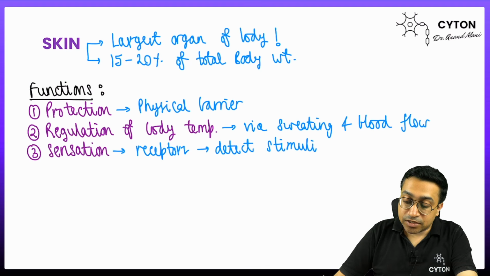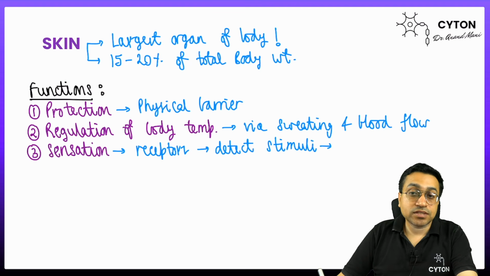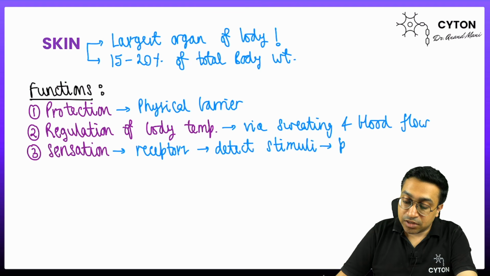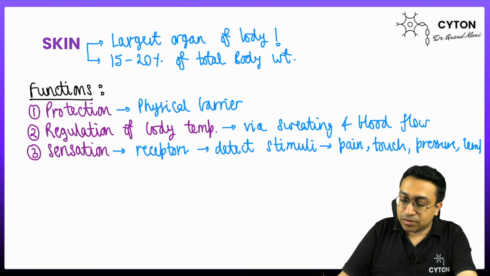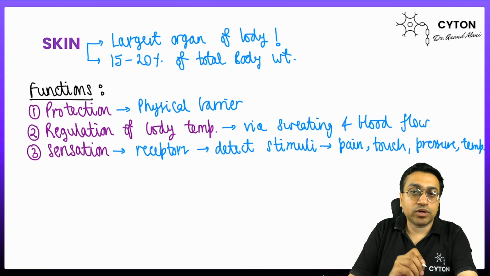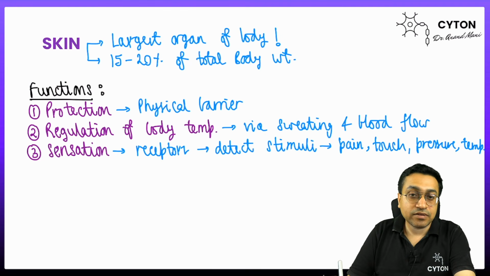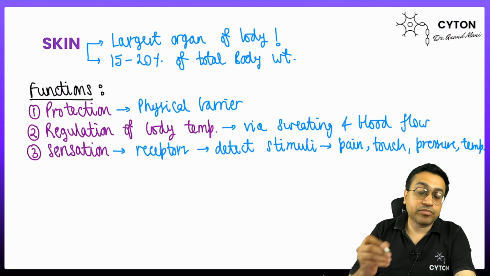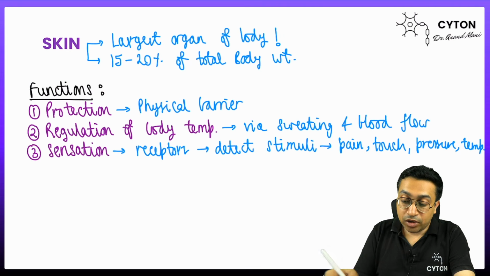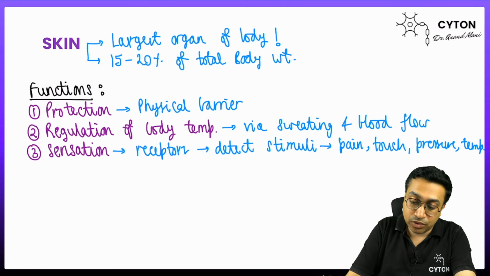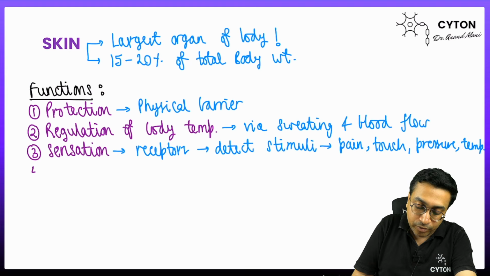And what are these stimuli which I am talking about? That is pain, touch, pressure, temperature. We will be talking about them in detail in the neuroanatomy section in the later part of the classes, where we will discuss the different neural pathways which are involved for carrying these sensations. So you will get better understanding at that point of time.